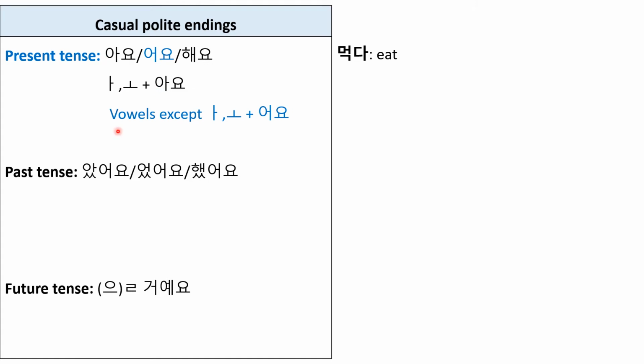If the last vowel of the stem is not 아 or 오, the ending should be changed into 어요. If a verb ends with 하다, the verb ending is changed into 해요.